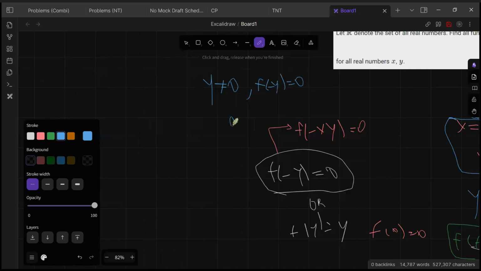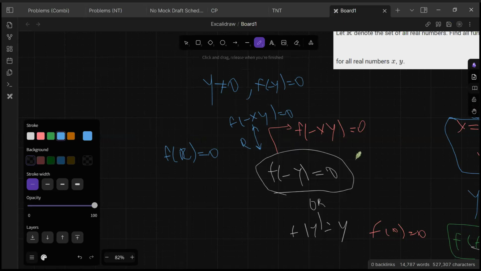Then f of minus xy is equal to 0 as well. But x can be anything, and varying x over the reals, any real value you take, f of all reals will be 0.